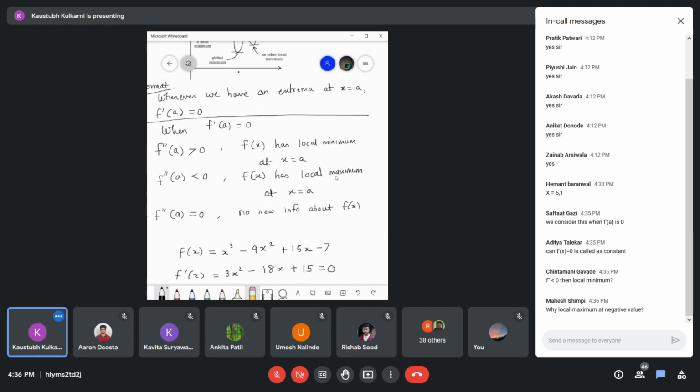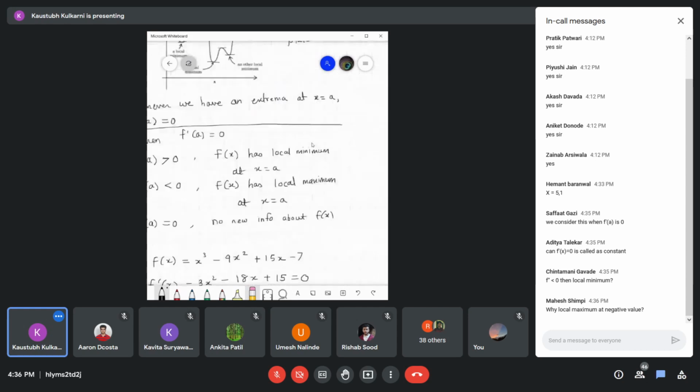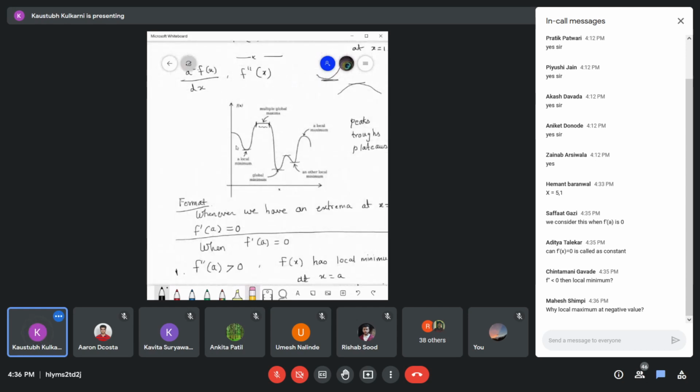If you consider the value of the slope, when the slope is like this, it is called a negative slope, and when the slope is like this, it is called a positive slope.